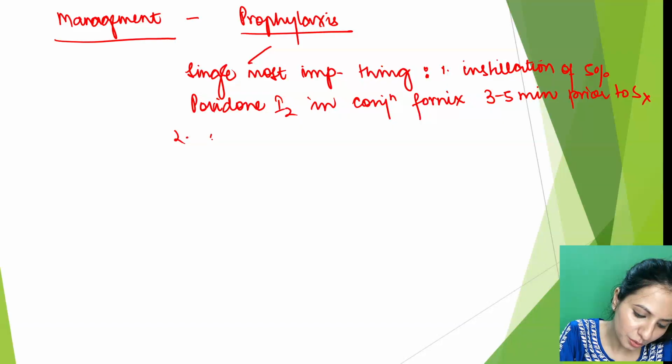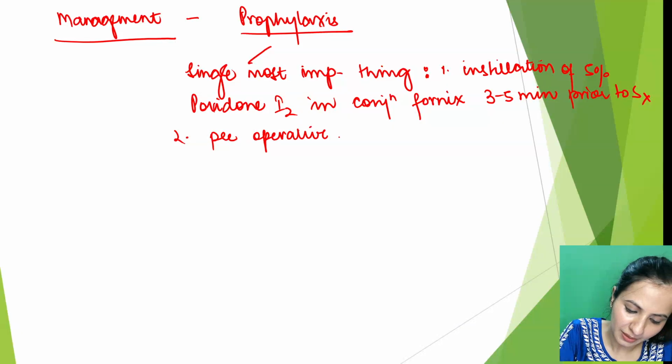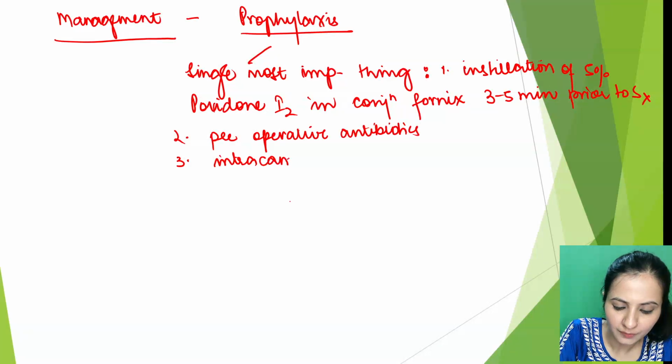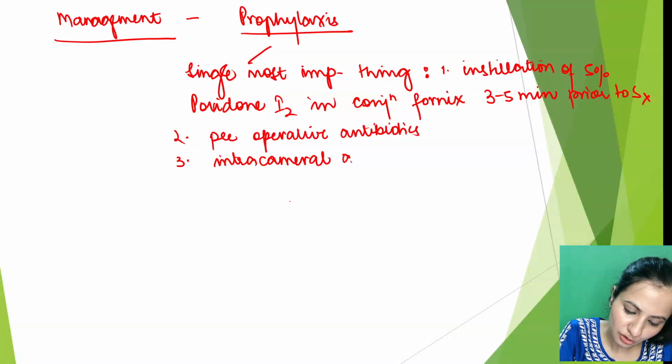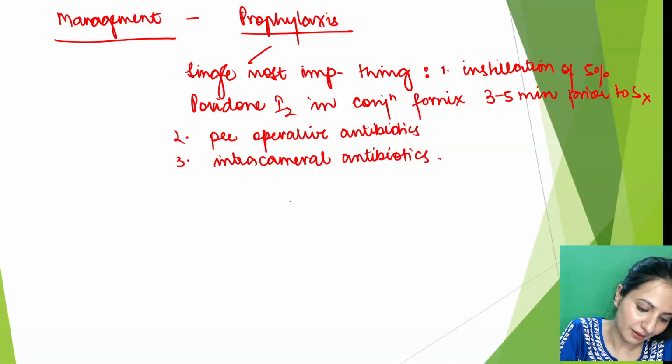Another thing you can do is pre-operative antibiotics. And the third important thing is intracameral, meaning you are injecting directly into the anterior chamber. So you can also give these intracameral antibiotics.